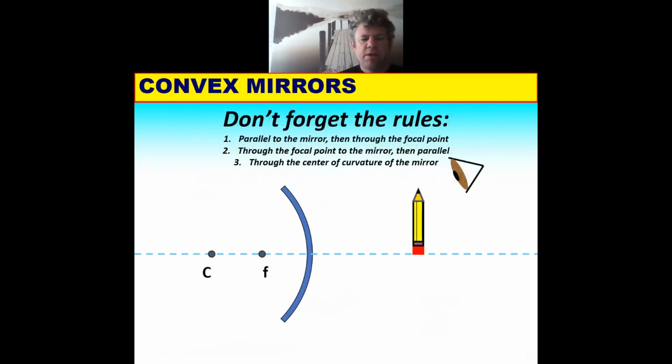We can't forget our rules. First rule, parallel to the mirror and then through the focal point. The second one is through the focal point and then parallel. Remember, when we're talking parallel here, we're talking parallel to the principal axis, that dashed line that has the bottom of the object there. And then number three, right through the center of curvature of the mirror.